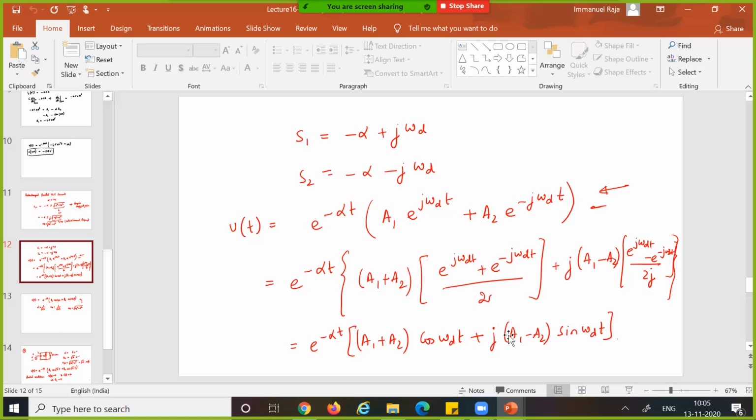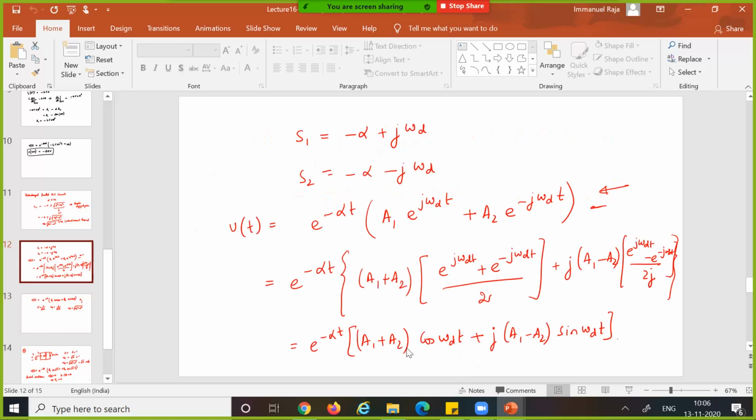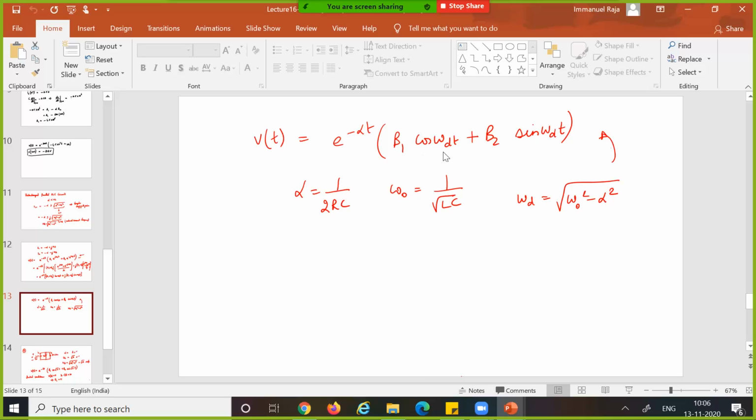So if you assume a solution of this form, where you have e to the power of minus alpha t into a real constant times cos omega dt plus another real constant times sin omega dt, this is also a solution. As I mentioned, if a1 and a2 are complex conjugates, then this is a valid solution, and this is what is observed in practice.